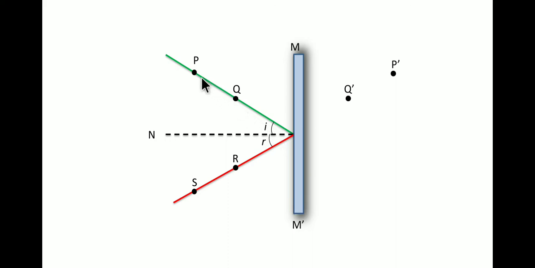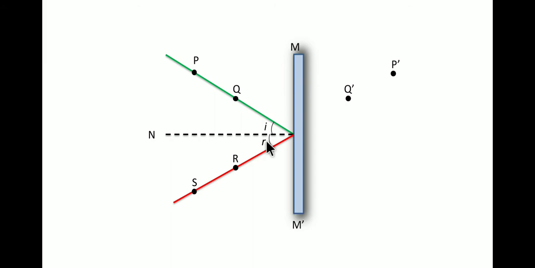Whether you increase this angle by putting the pins P and Q in a different way, or drawing this line as the incident ray at a different angle, you'll find that the angle of reflection also changes in the similar way, and the angle of incidence and angle of reflection are always equal.